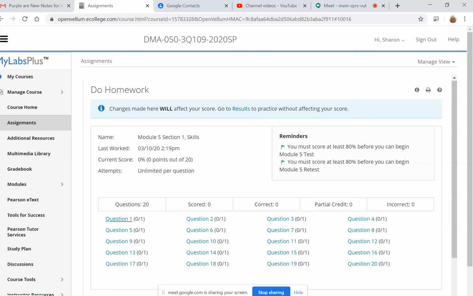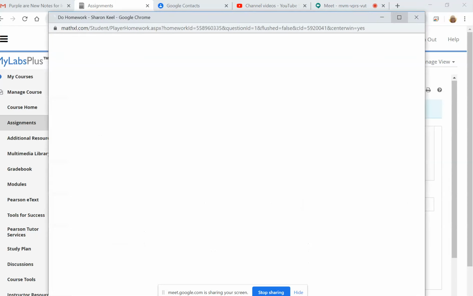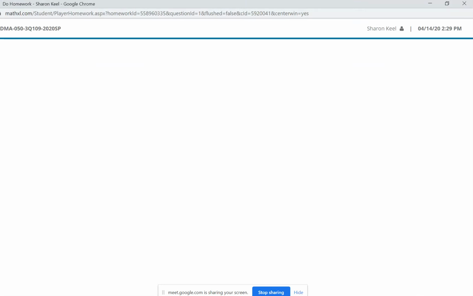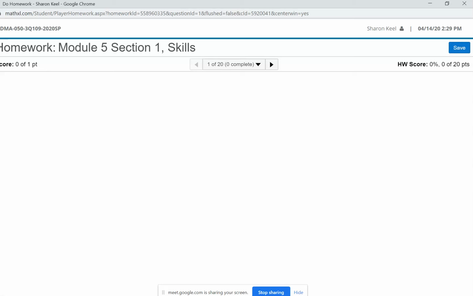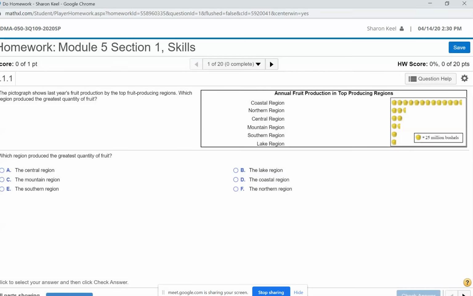So I just went into section 1 of 50, and I'm going to find a graph where I can show you a couple of the items that you need to be aware of. Okay, this is an example of a pictograph. The pictograph shows last year's fruit production by the top fruit producing regions. Which region produced the greatest quantity of fruit?